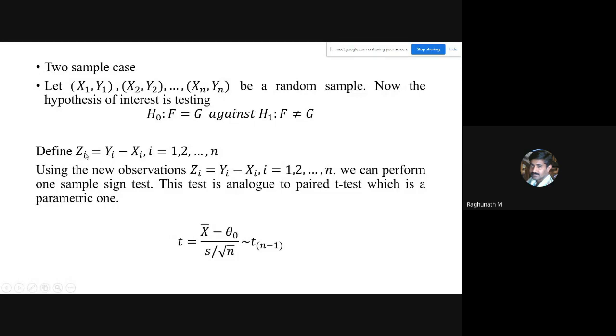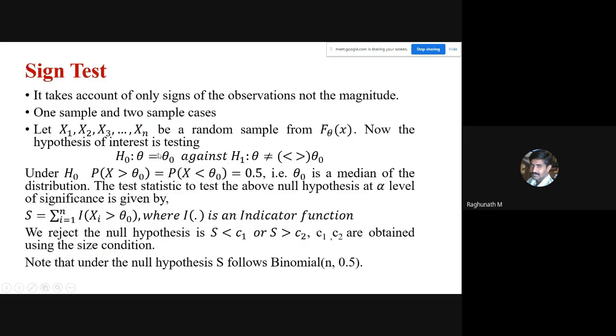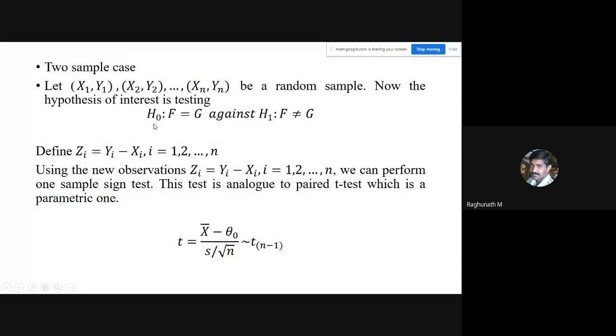You define the new quantities z1, z2, zn. Putting all together, these z1, z2, zn will constitute a single sample. Means the sign test with the paired sample can be brought into the one sample case.